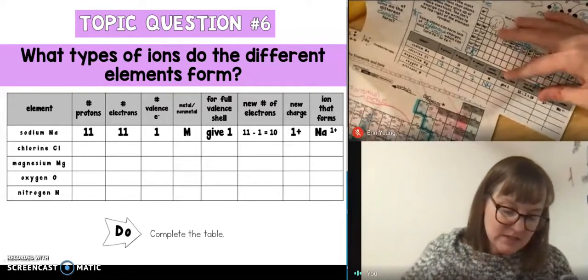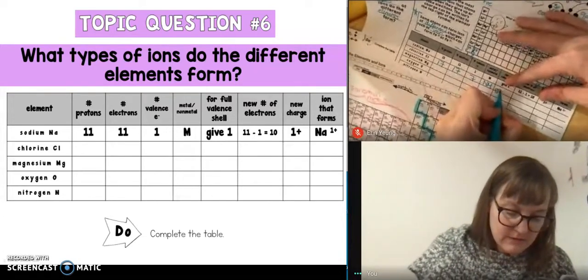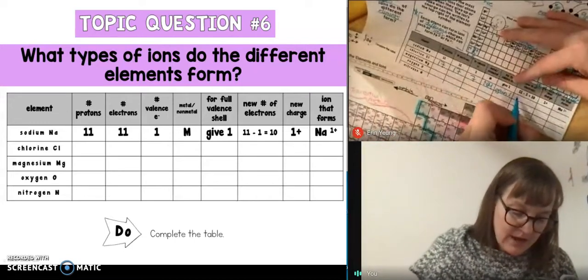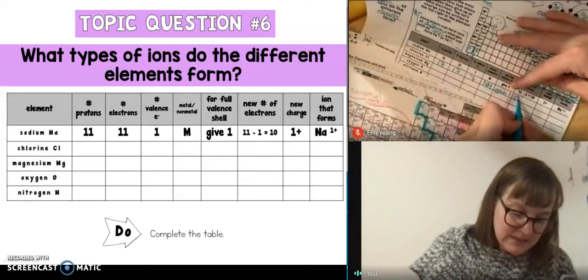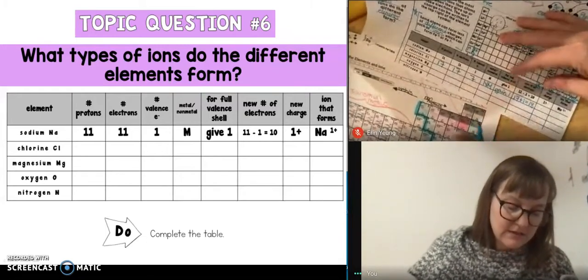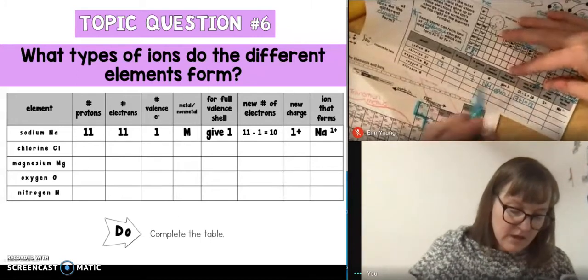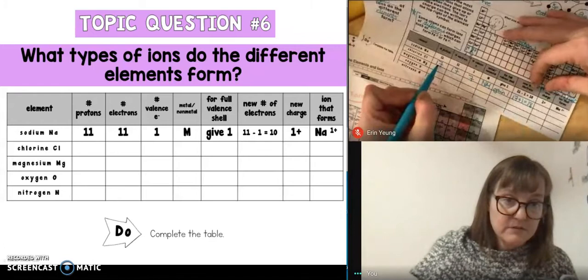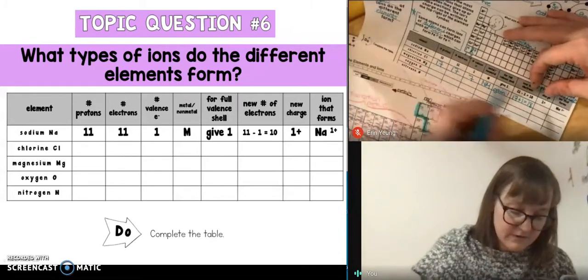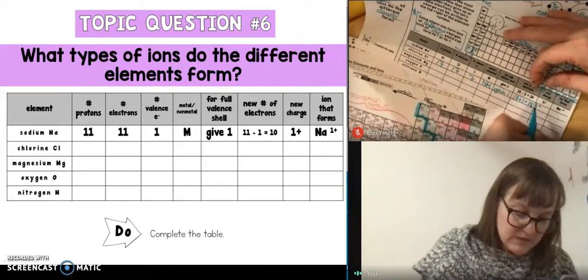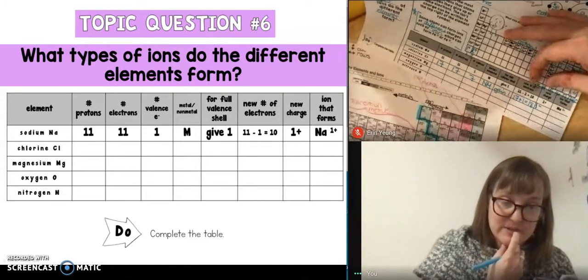In this case, it's going to be easier to gain 1 electron. So it will now have 17 plus 1 equals 18 electrons. So it has 18 electrons and 17 protons. So it's going to have a charge of 1 minus, because it has 1 extra electron.